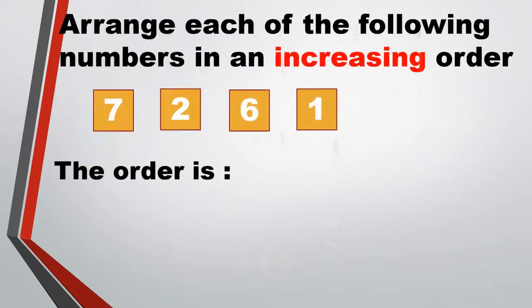Arrange each of the following numbers in an increasing order. Here 4 numbers are given. We have to arrange these numbers in increasing order, means ascending order, from smallest to the greatest number. So, which is the smallest number in this line?